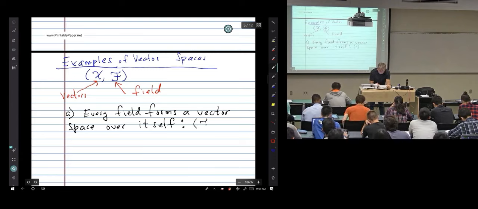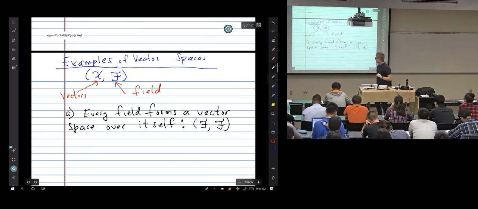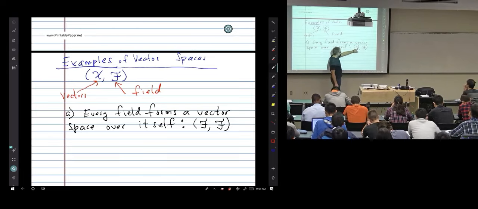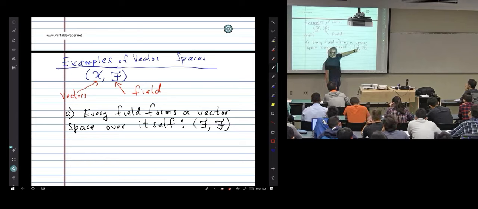What that means is I take the vectors as the scalars. So I put the same thing here. So if I have real numbers and real numbers, the real numbers being treated as vectors, I know how to add my real numbers. I know how to do scalar times vector multiplication. That's all just properties of the field.